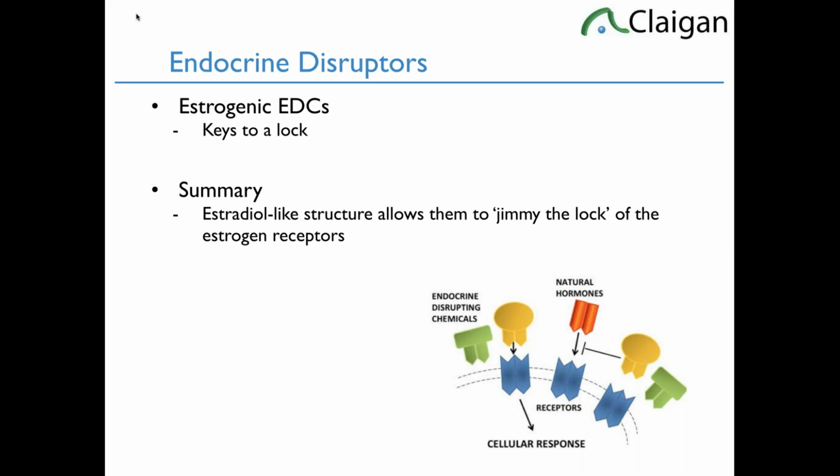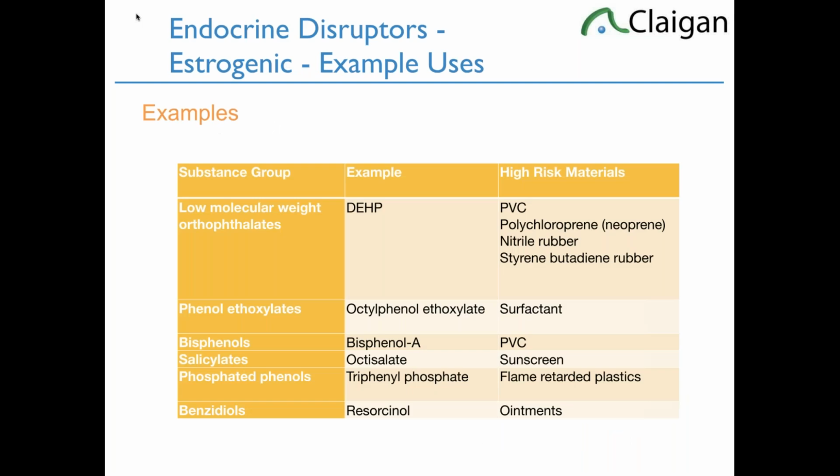Bisphenol A, the metabolite of DEHP, etc. And we'll see bits and pieces of those. So typical ones. These are not necessarily all classified. They're all going through the classification process. This might not be the best example right now because not all of these are classified. DEHP is a classified endocrine disruptor.